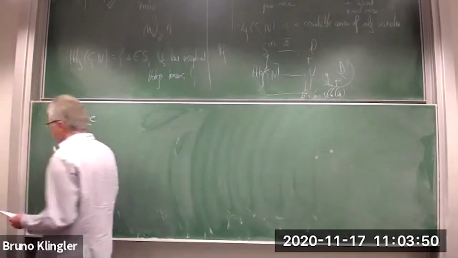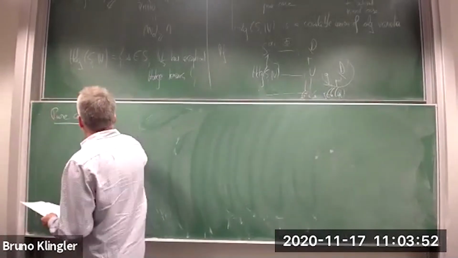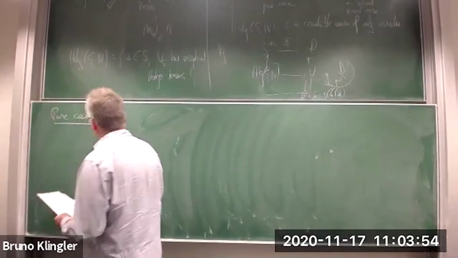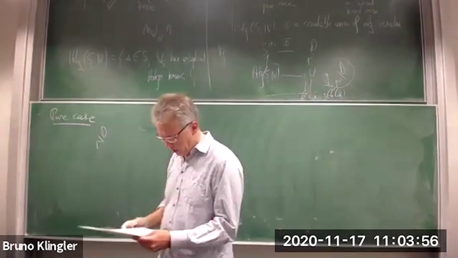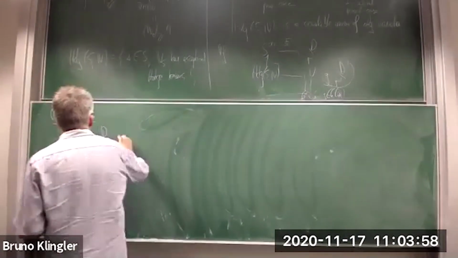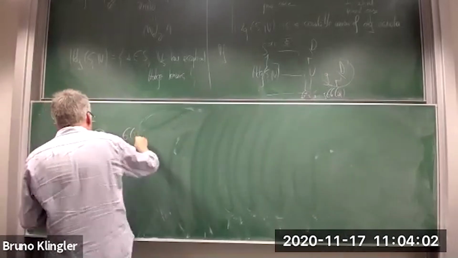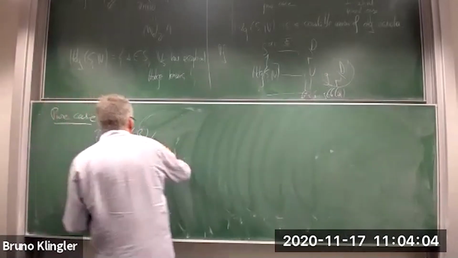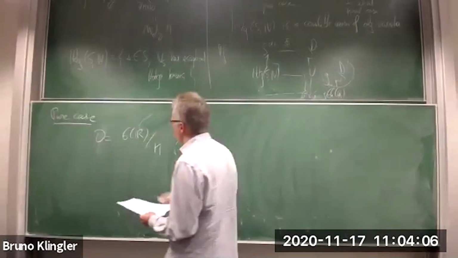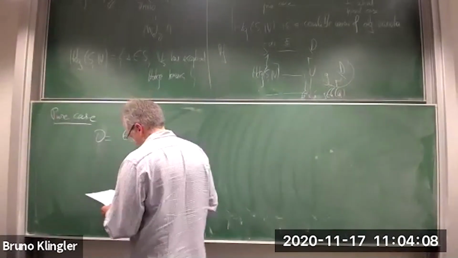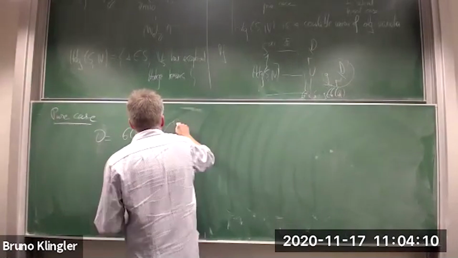So I'm sorry. So the first thing I want to prove, I want to endow my D mod gamma in the pure case with an R-definable structure, right? Now what is D? We saw that this is G(R) mod M. So G is some semisimple group, and M is compact.